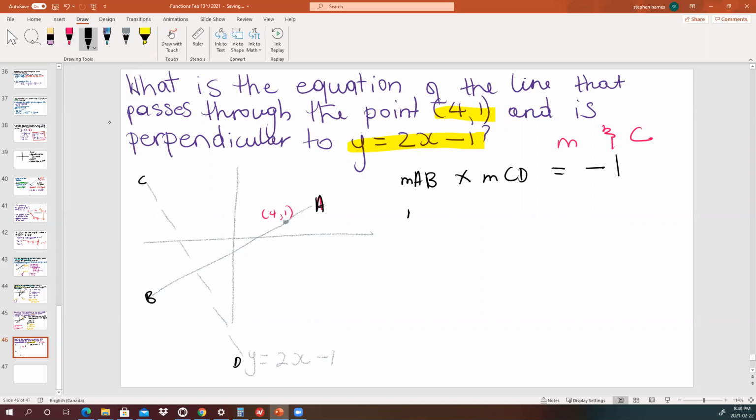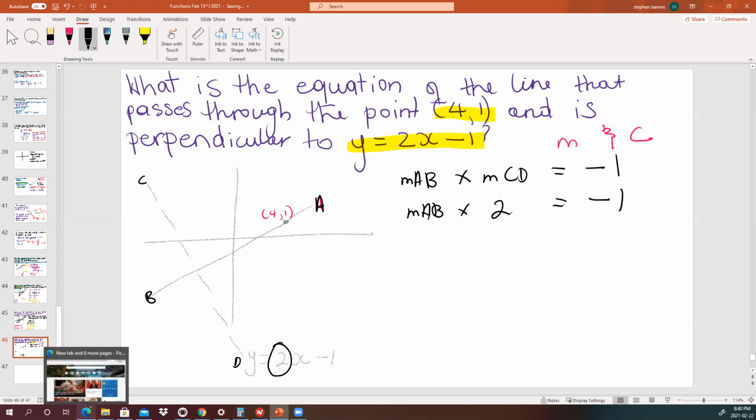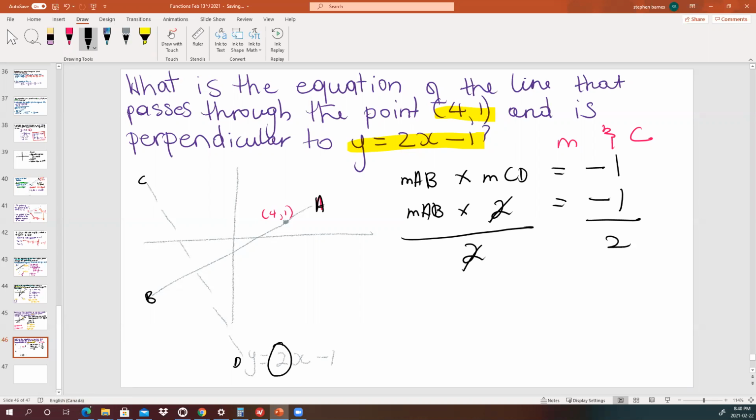Gradient of AB, I don't know, but I do know the gradient of CD, which is here, that's 2. Multiply that, they should give me -1. So I'm solving for AB, just divide by 2. 2 cancels that. So the gradient of AB is equal to negative a half. Yes? So I now have my gradient.